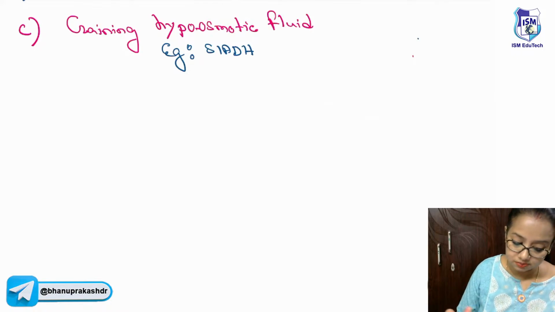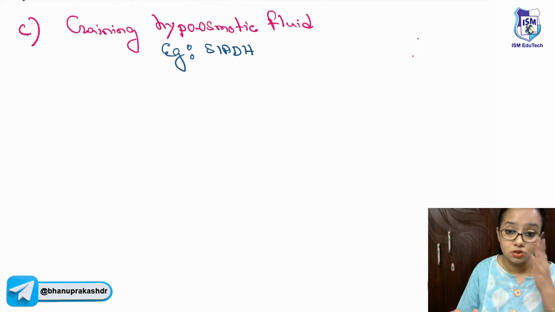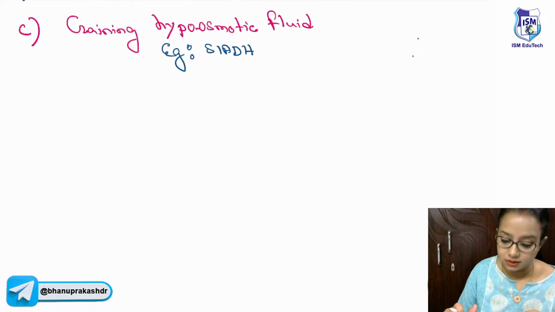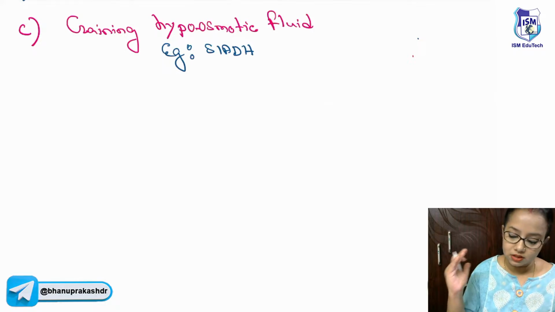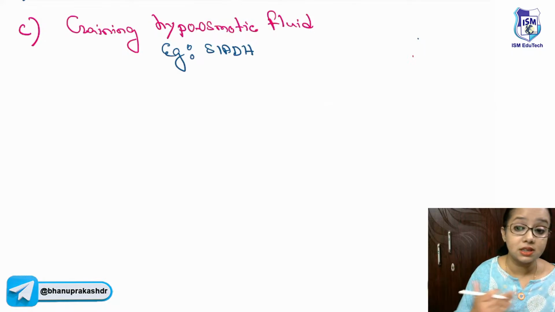Okay, this is a condition where the ADH hormone, the antidiuretic hormone, is not functioning properly. It is not being manufactured properly. Usually this happens when the hypothalamus has a problem, when the hypothalamus is having a tumor, or after the tumor has been operated out. Somehow the hypothalamus is not functioning properly.